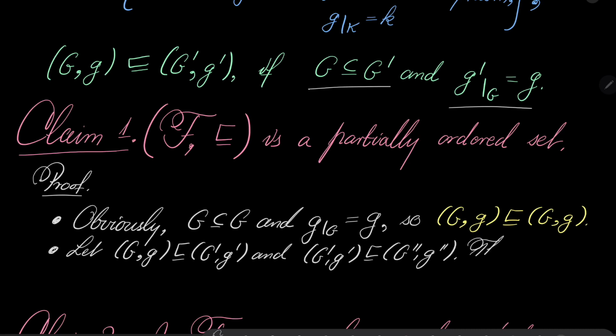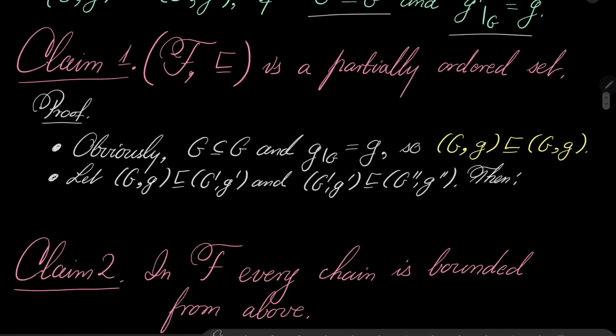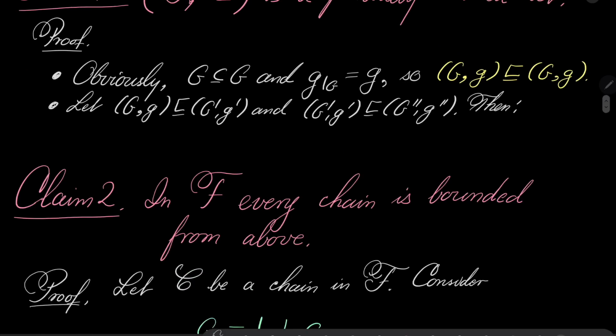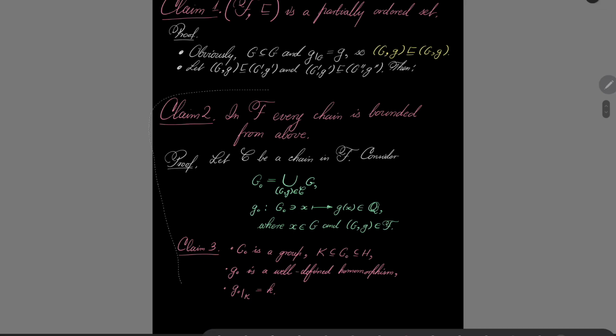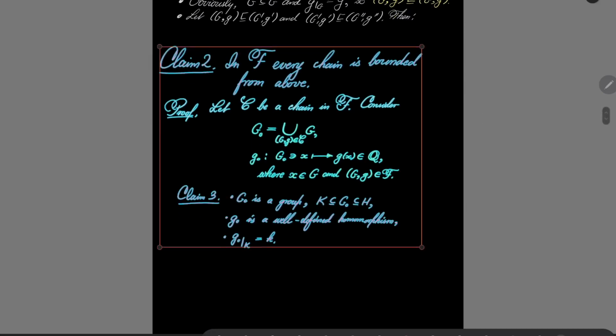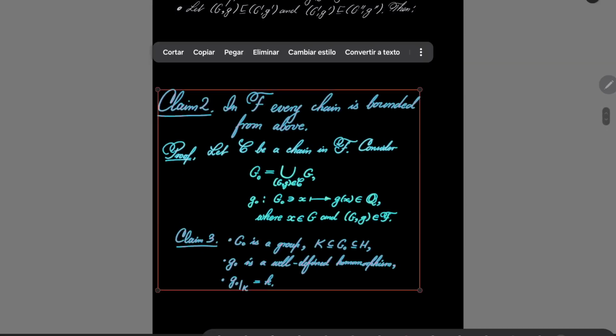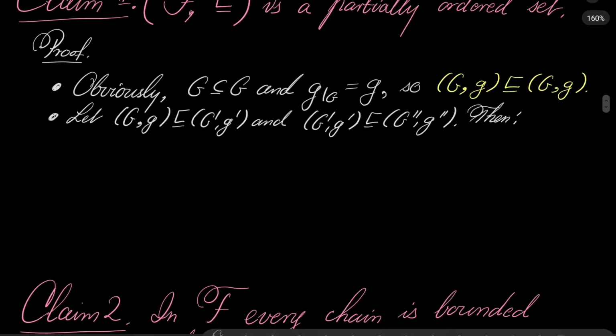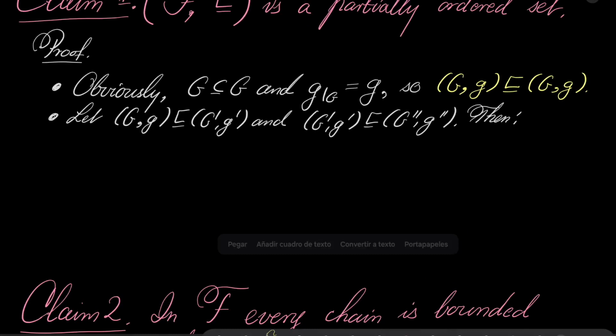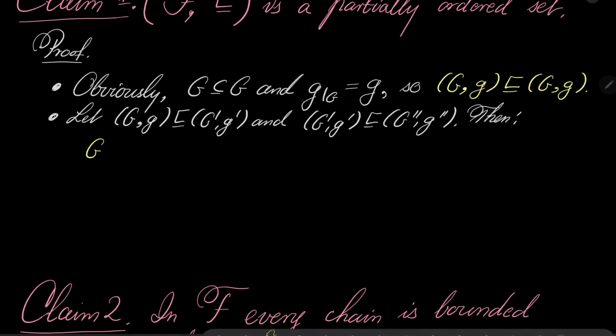Well, notice that then we have the following 2 inclusions. G is a subset of G prime, and G prime is a subset of G double prime.